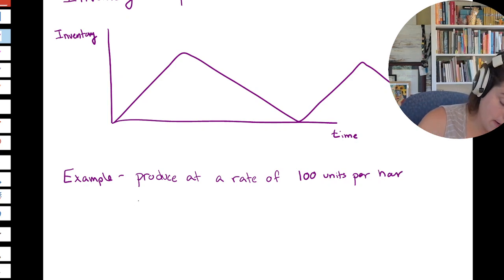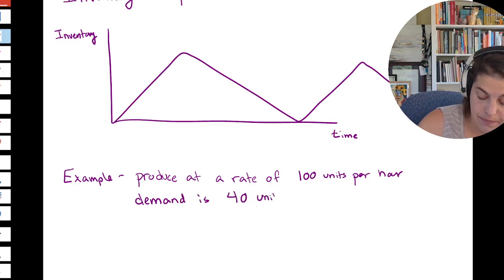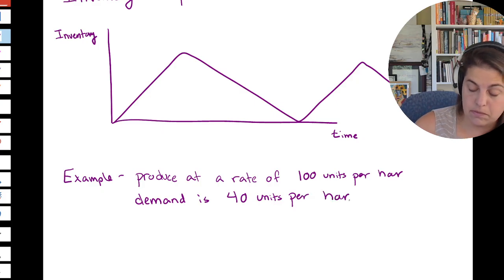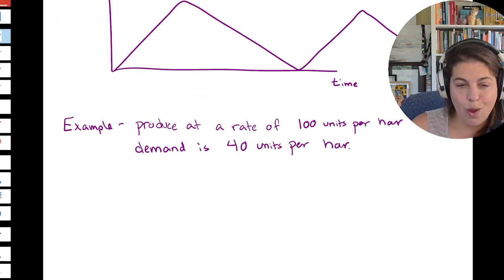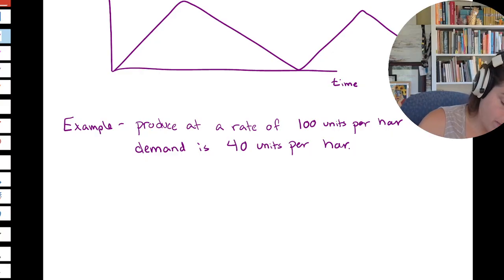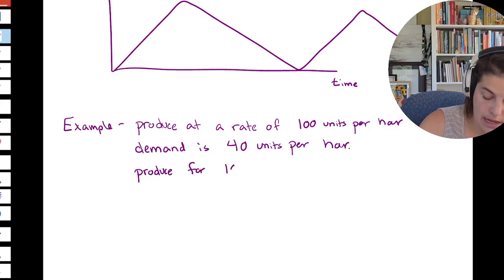But demand is 40 units per hour. So, what happens if we produce for 10 hours? Okay.